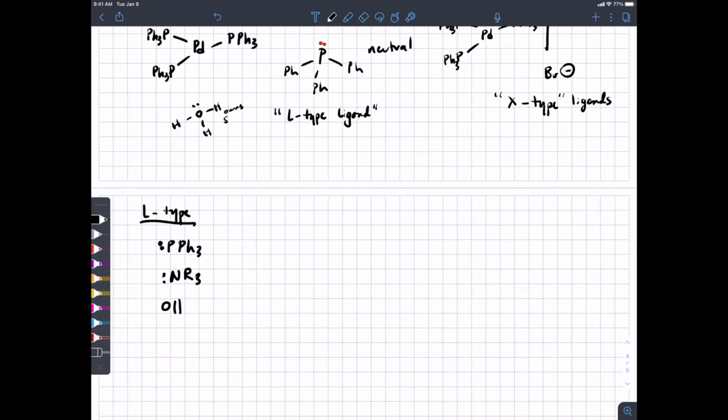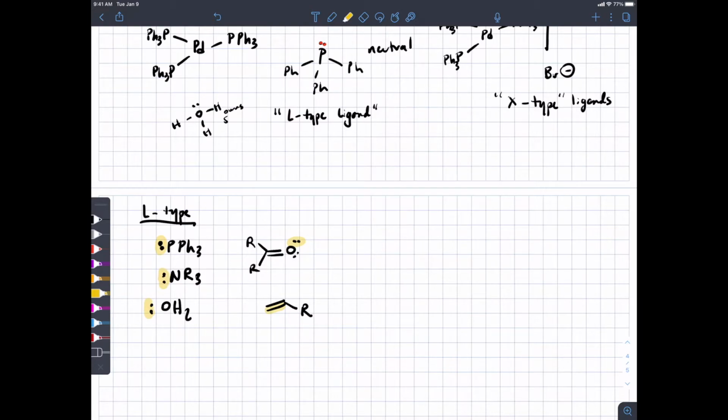Water is an L-type ligand. Also, carbonyl oxygens are frequently L-type ligands. Anytime you've got a lone pair. I'm going to use the yellow color in our discussion today for L-type ligands. Let's see what else. Actually, even pi bonds can be L-type ligands. Pi electrons can donate into the metal.